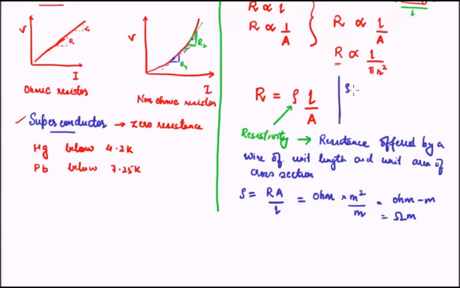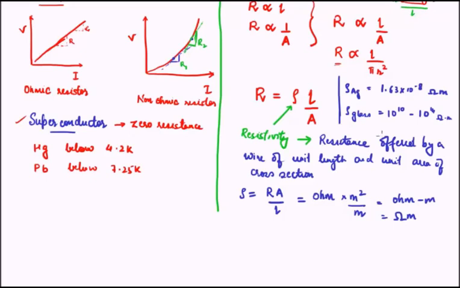Rho of silver, Ag, is 1.63 times 10 to the power minus 8 ohm meter, whereas for an insulator, glass, its resistivity is of the order of 10 to the power 10 to 10 to the power 14 ohm meter. You can see that this is minus 8, so small, and this is power 10 or 14, so large. So resistivity is basically the property that will decide whether a material is an insulator or a semiconductor or a conductor.